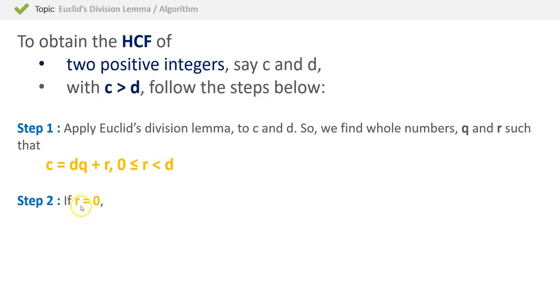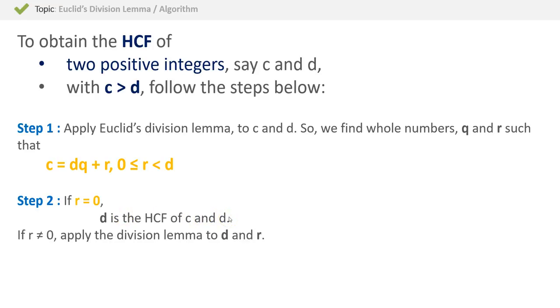Step 2: If you happen to find R as 0, then D, which is the divisor in this case, becomes the HCF of C and D. But if you do not find R equal to 0, then apply the division lemma or algorithm to D and R. And continue.